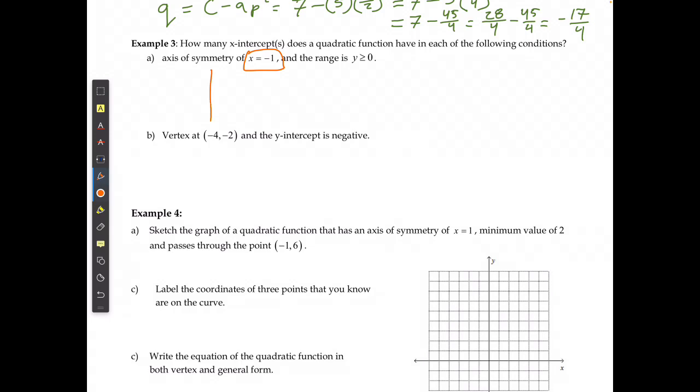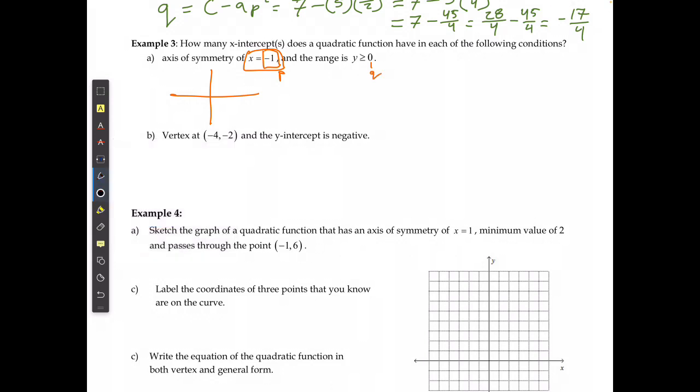Well, if I draw this out and I say that x is -1, that's going to be my p-value. And I say that y is greater than or equal to 0, that's going to be my q-value.